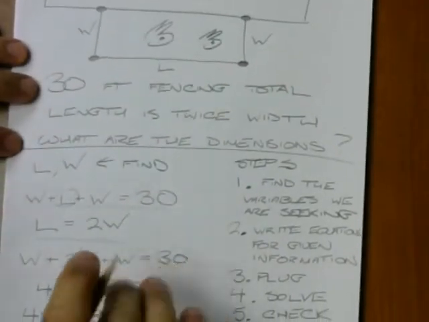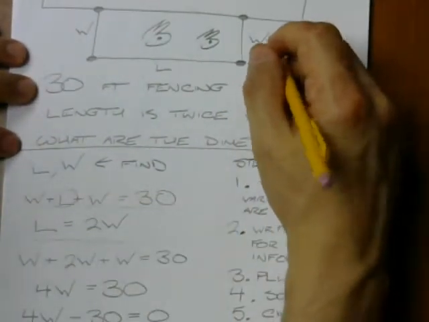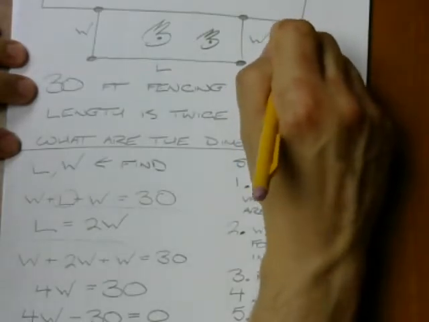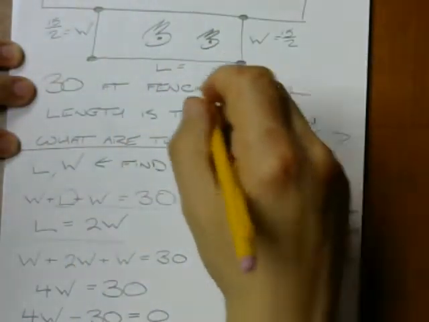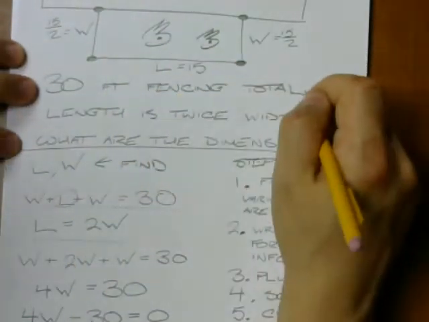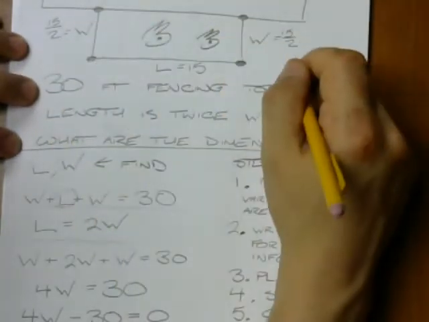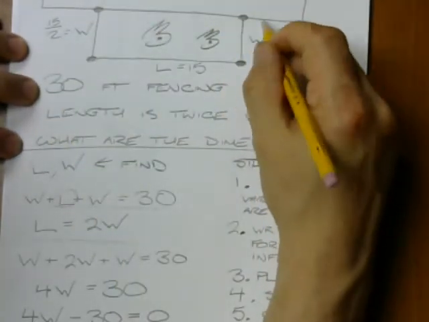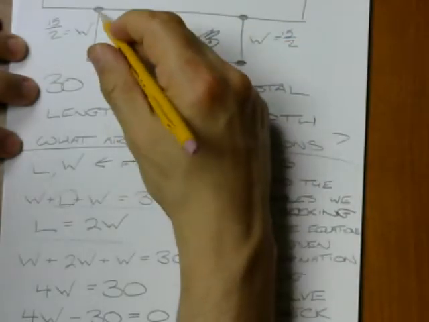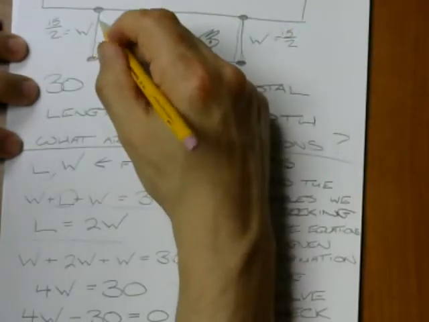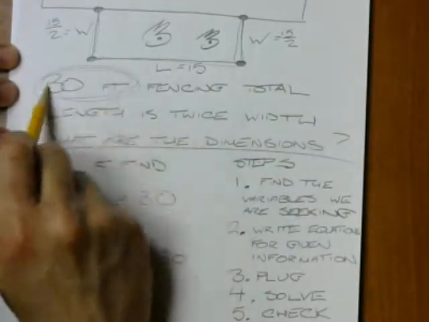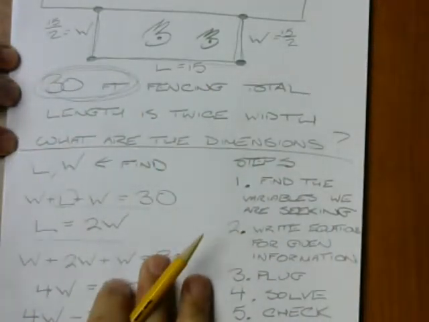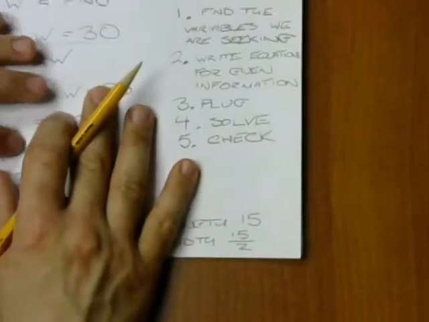Well, if this width W is 15 over 2, and 15 over 2, and this is 15, which is what we said, what would we get when we added this all up? Well, the total amount of fence would be 15 over 2 plus 15 over 2, so that's 15 for this piece and this piece, and 15 for that, which gives us our 30. So I've checked my answer, it fits the problem.